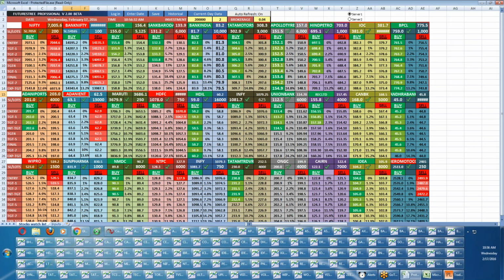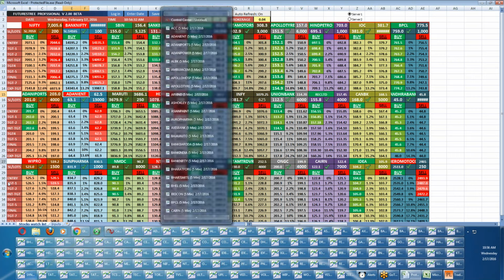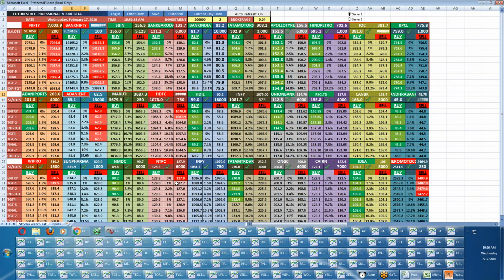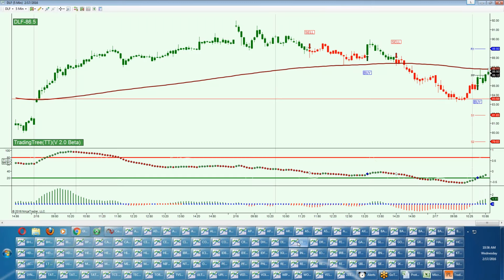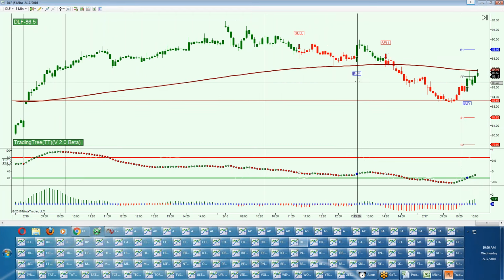DLF, we have a buy. We had a sell in the morning. So your entry can be this.